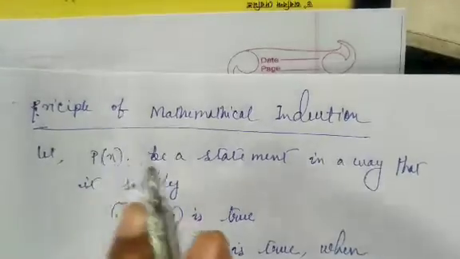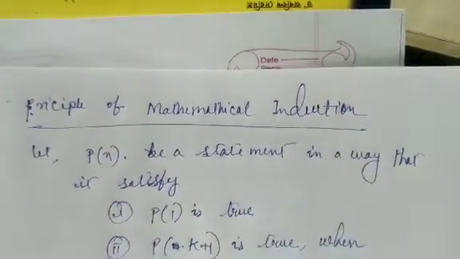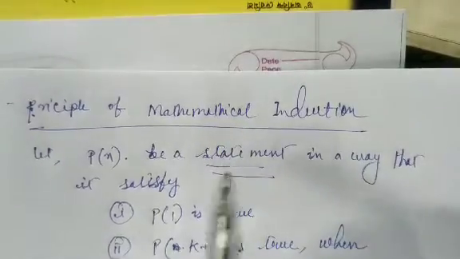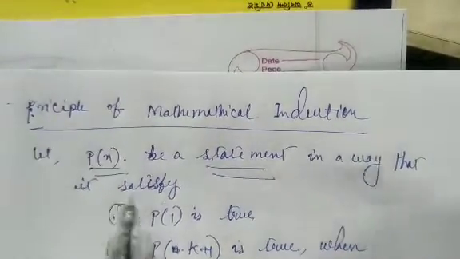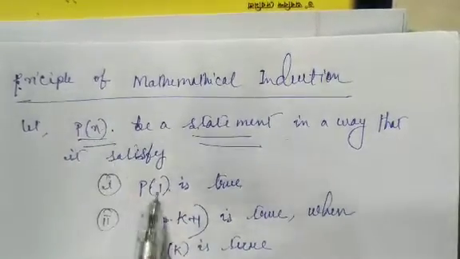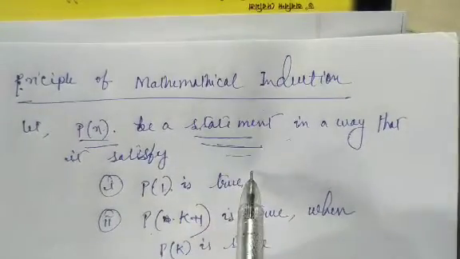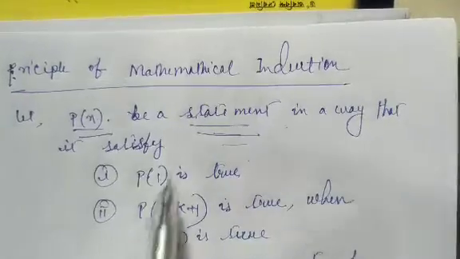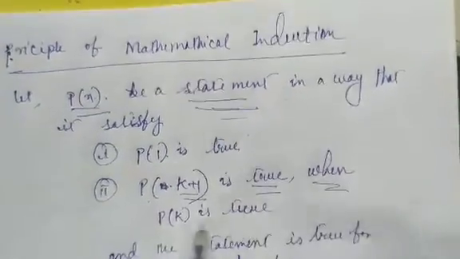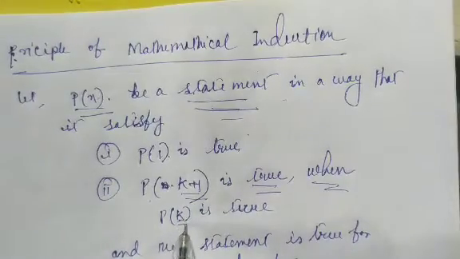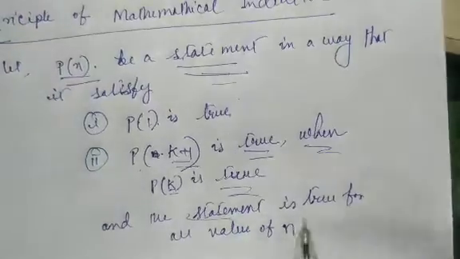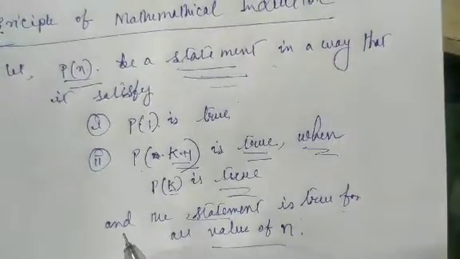Now we will discuss the principle of mathematical induction. If a statement is taken, let the statement be P(n). If we satisfy P(1), that means for n equal to 1 the statement is true, and then n equal to k plus 1 is true when n equal to k is true, then we can say the statement is true for all values of n.